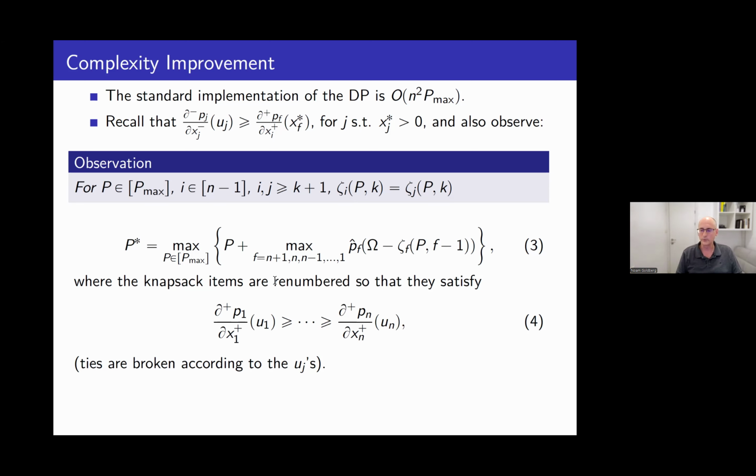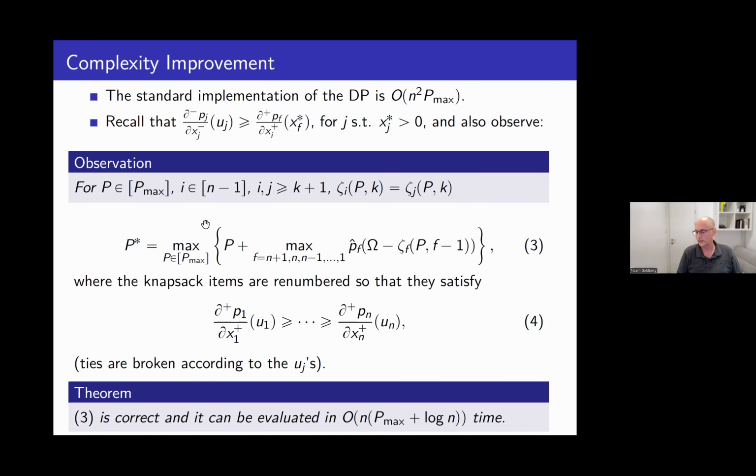We're able to completely reuse the DP table entries, so we only need to compute the table entries once, basically, and this post optimization using the DP does not add to the runtime complexity.